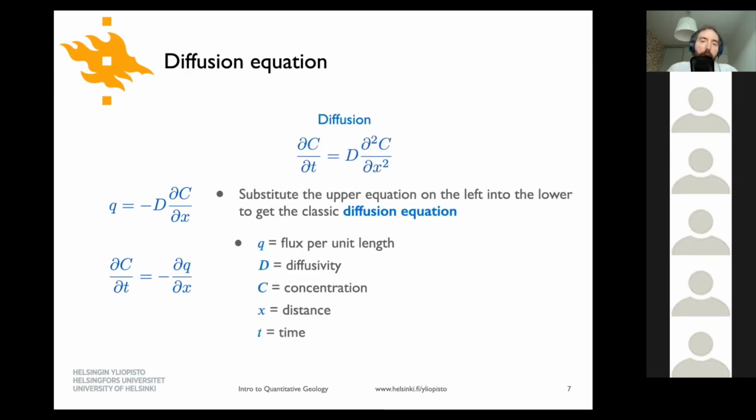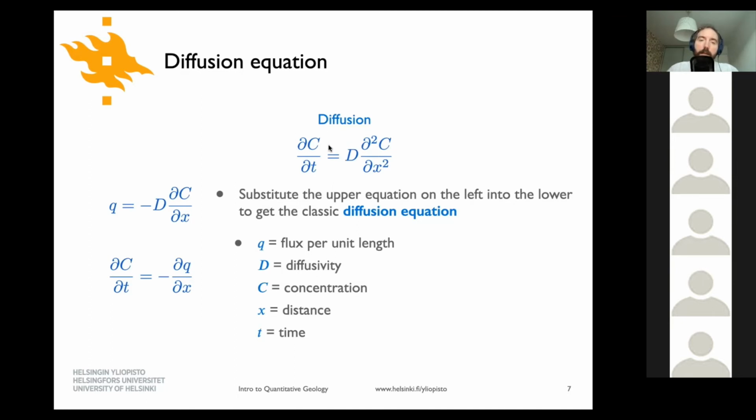We also went through the process when it came to the exercise of plugging these two equations in together. So basically, if you take the Q here, that's equal to this D dC/dx term, and plug it in for the Q here, then you end up with the diffusion equation that looks like this.